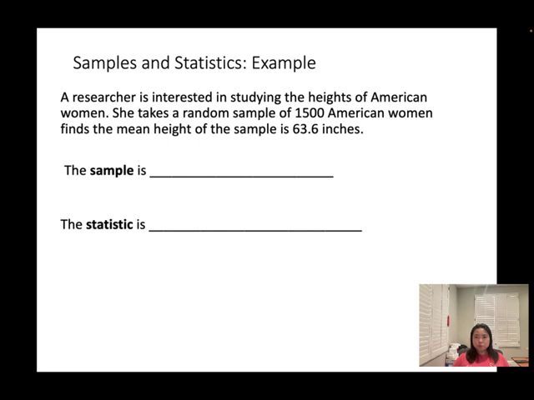So they take a random sample of 1,500 American women and find the mean height of the sample is 63.6 inches. So first, this is talking about the sample. So the sample is 1,500 American women. And what is the statistic? The statistic is a number that describes the sample, right? So it's the sample mean of 63.6 inches.